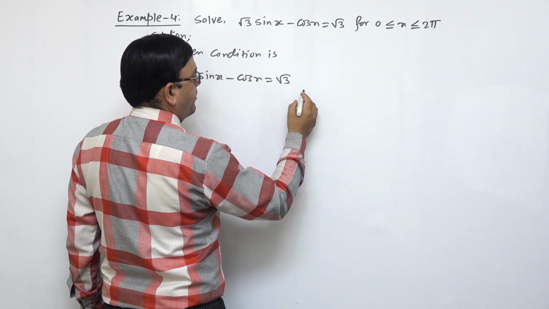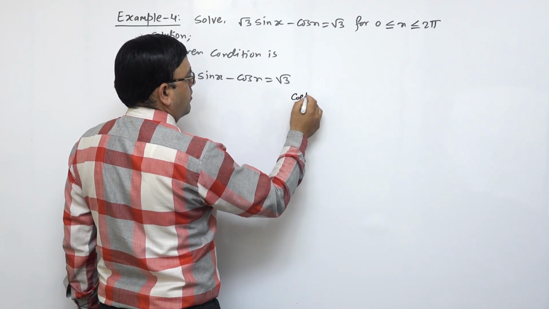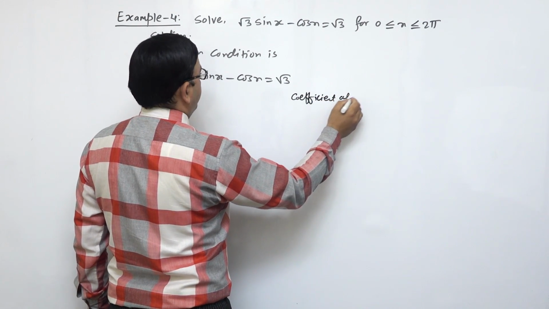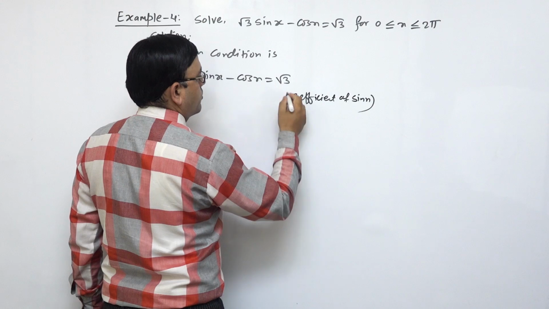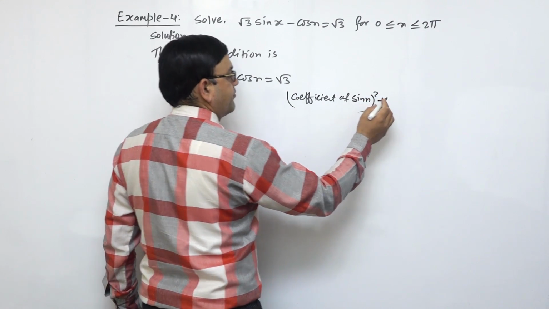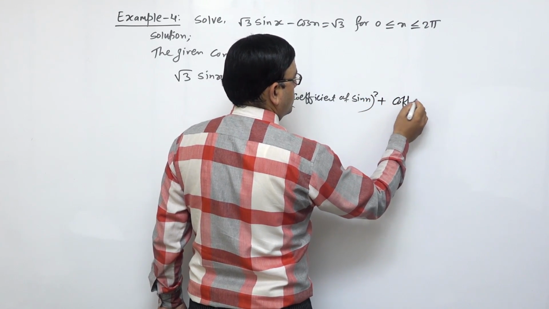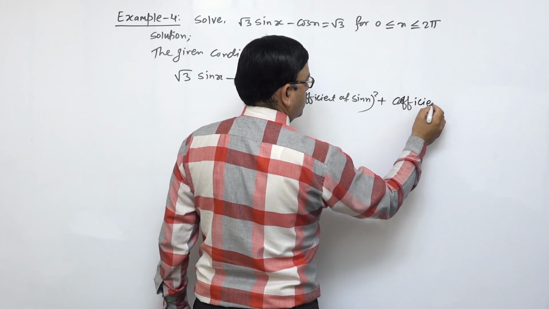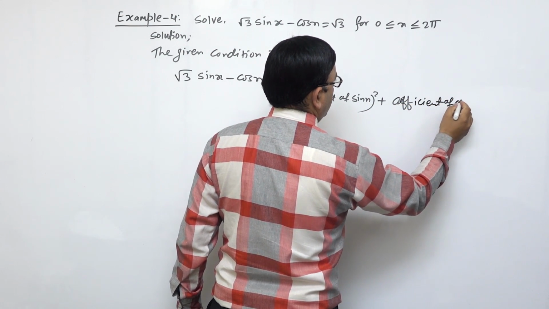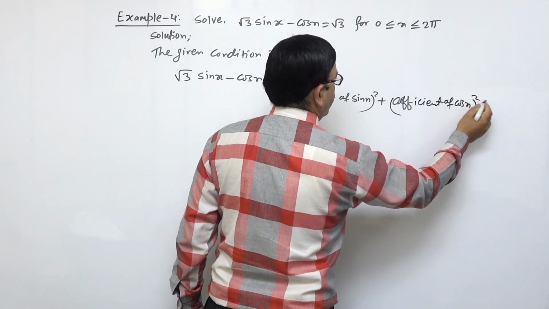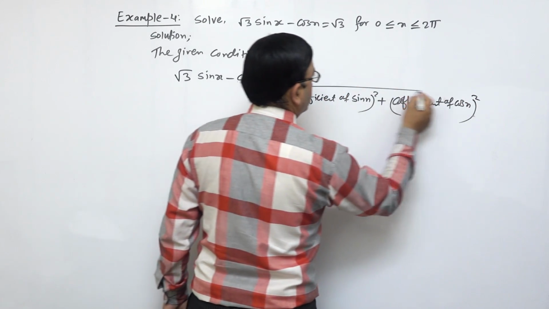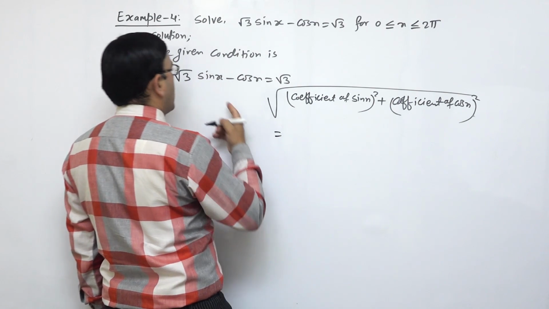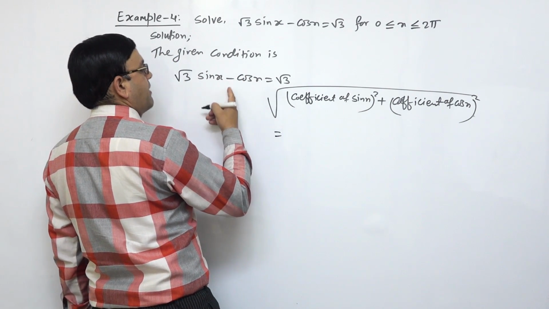So the square root of (coefficient of sin x) whole square plus (coefficient of cos x) whole square. The coefficient of sin x is root 3, and the coefficient of cos x is minus 1.